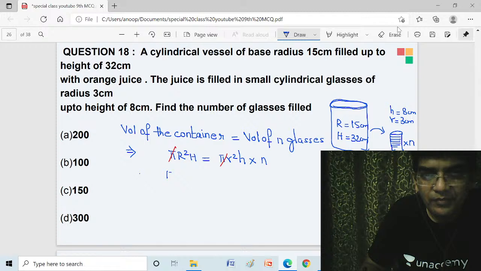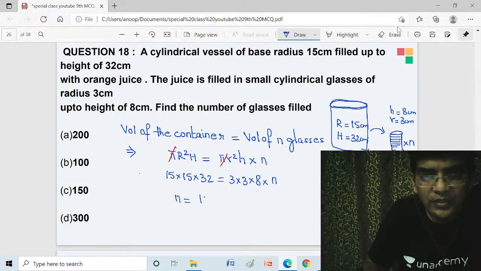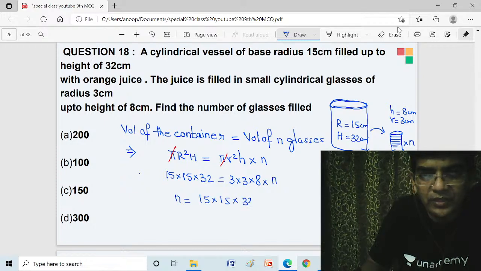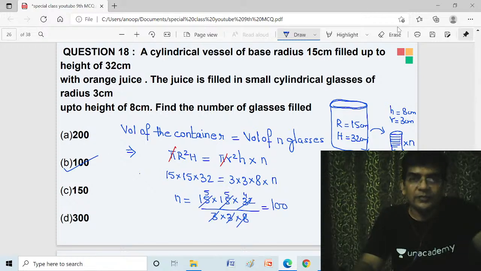So now we have to find n. So it is 15 into 15 into 32 upon 3 into 3 into 8. 3 will go 5 times, 3 will go 5 times, 8 will go 4 times. 5 5s are 25, 4s are 100. So how many glasses will be filled? 100 glasses. So our answer will be 100 glasses. This is clear to you?